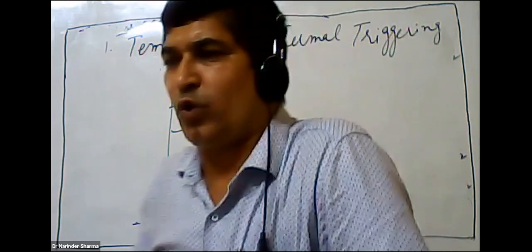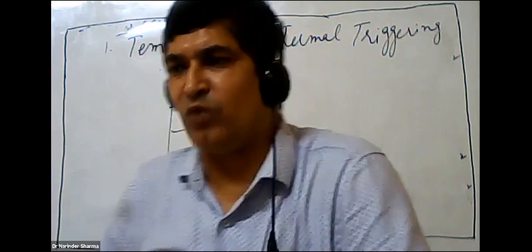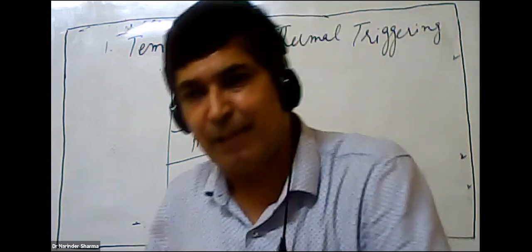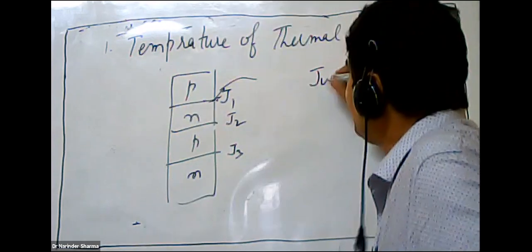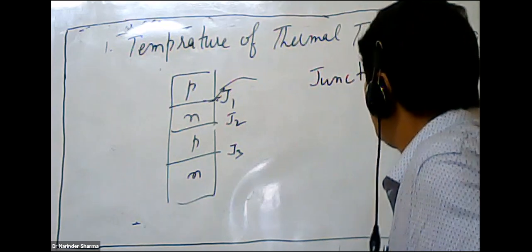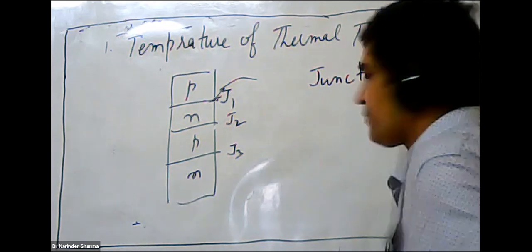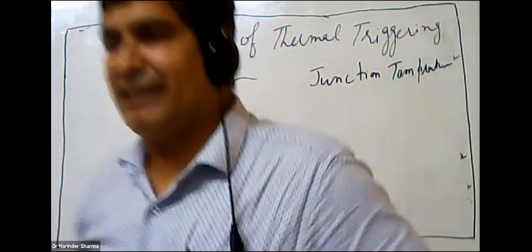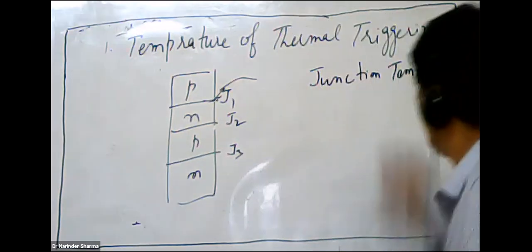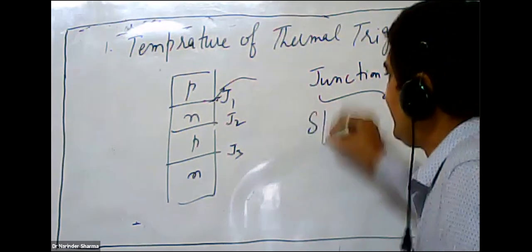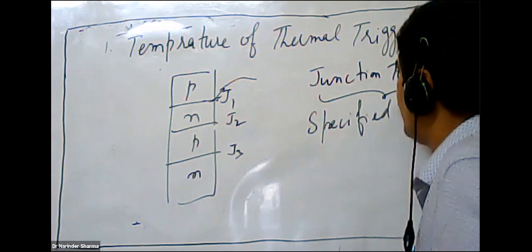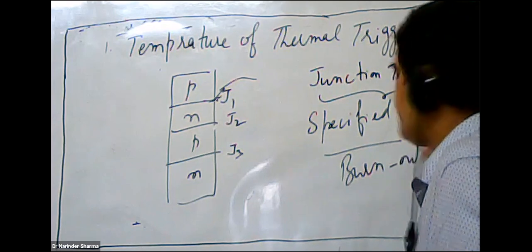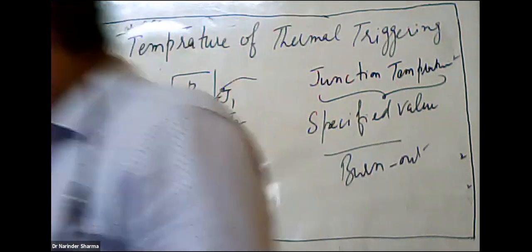When the anode to cathode voltage is near the breakdown voltage, the device is triggered by increasing the junction temperature. The temperature has to be increased within specified values, otherwise it will burn out.